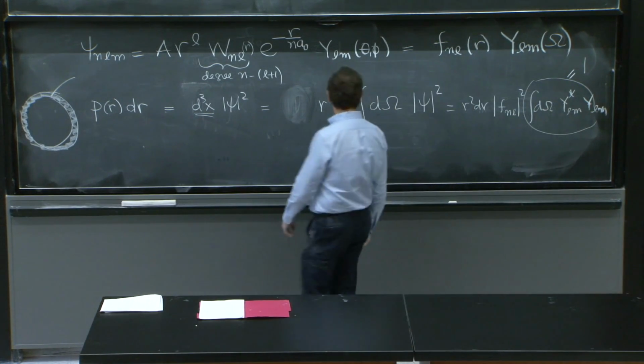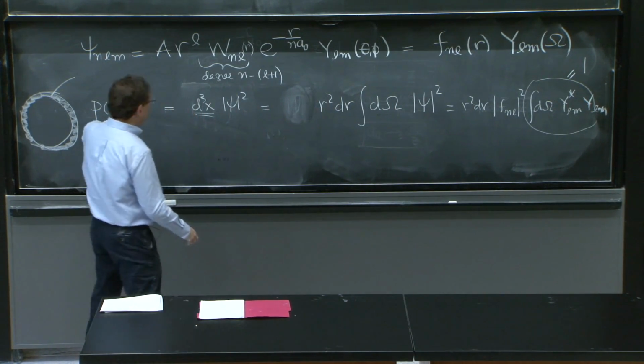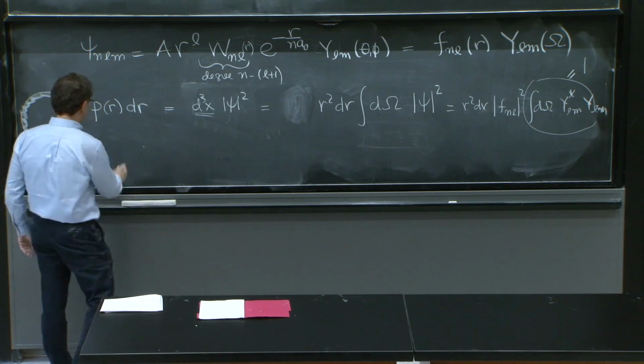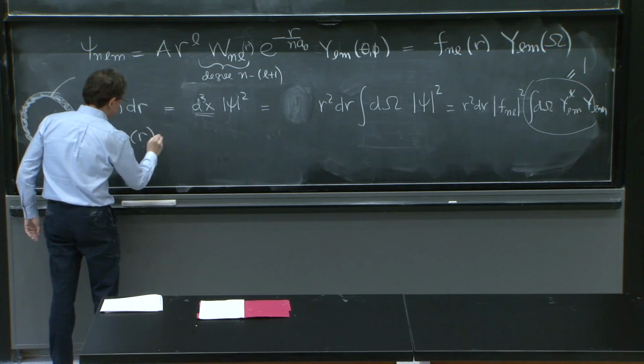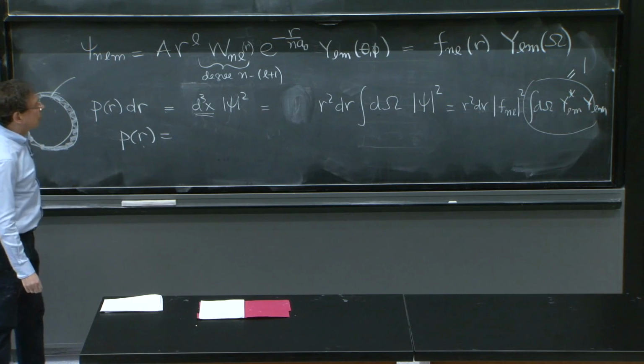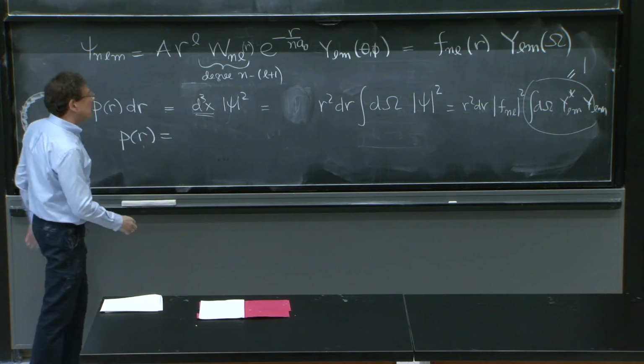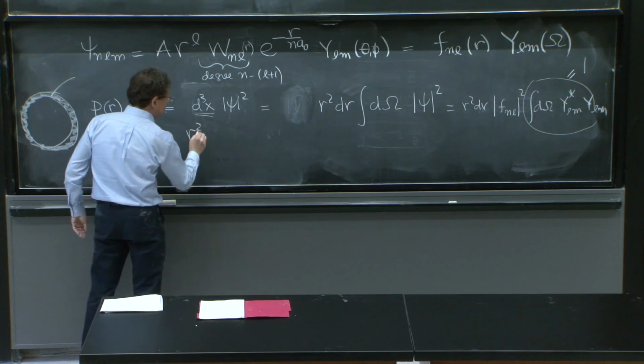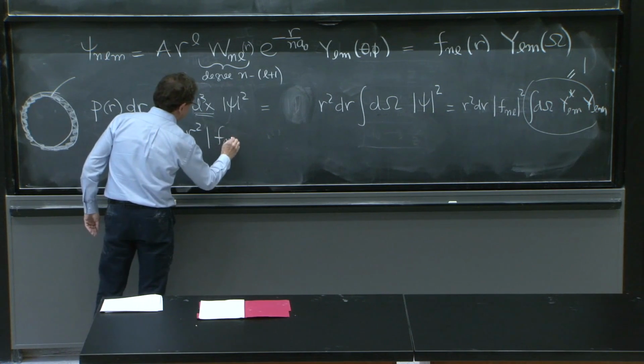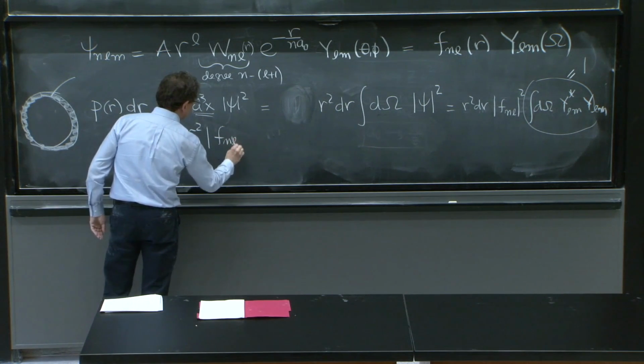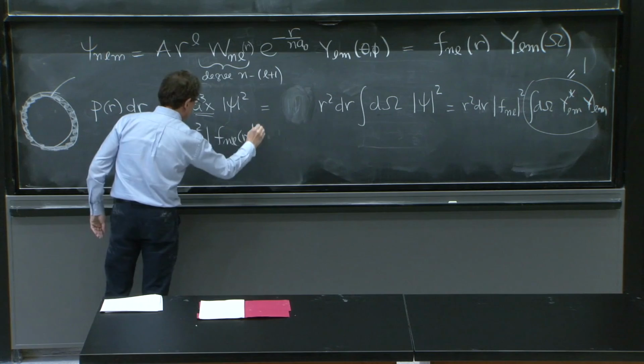Spherical harmonics are normalized. So now I can cancel the dr, and I get that the radial probability distribution, which is a nice concept, is really r squared F n l of r squared.